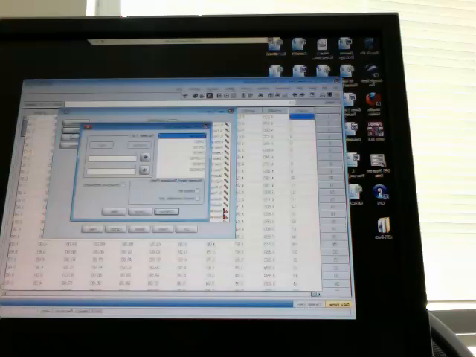Under plots, this is where you look for homogeneity of variance or homoscedasticity. You do z predicted on the x-axis and z residual on the y-axis.